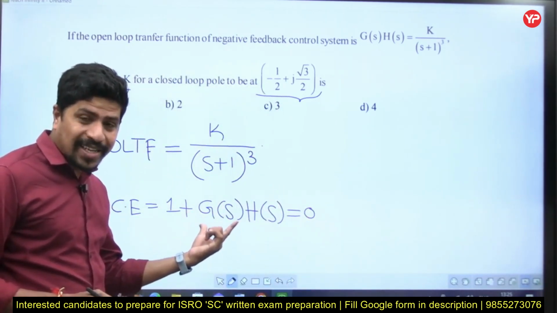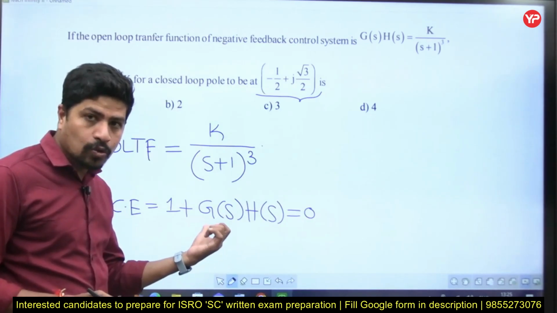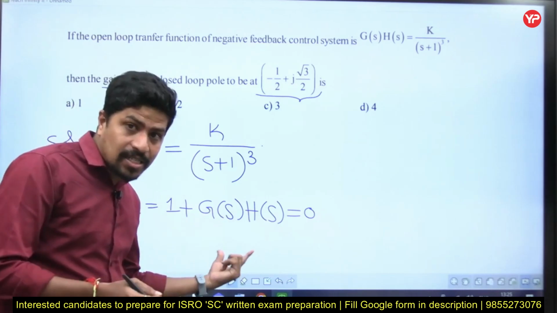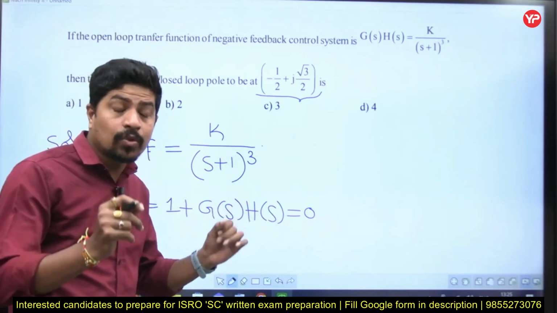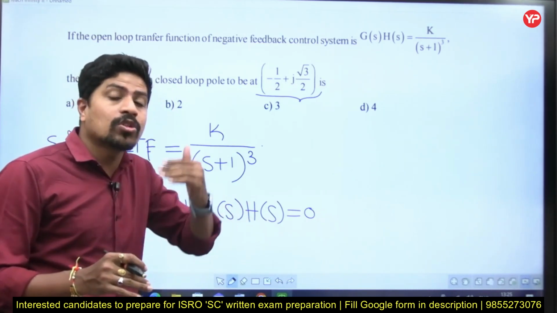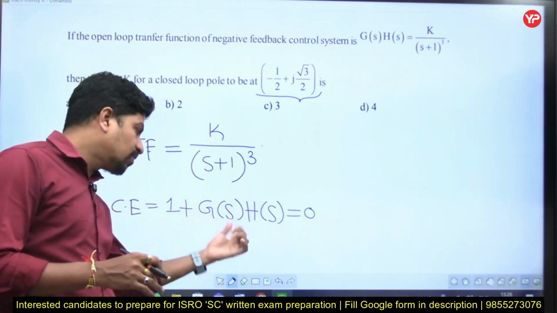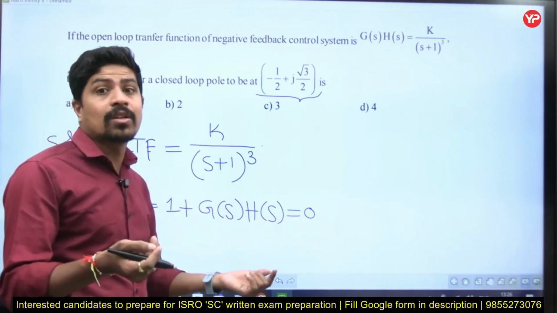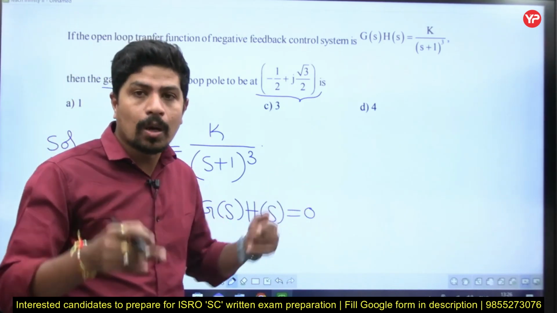It is 1 + G(s)H(s) = 0. Roots of this characteristic equation are called closed loop poles, or zeros of the characteristic equation. Do not get confused between zeros of the transfer function and zeros of the characteristic equation. Zeros of this characteristic equation are also called closed loop poles.